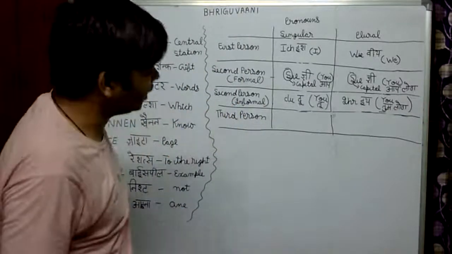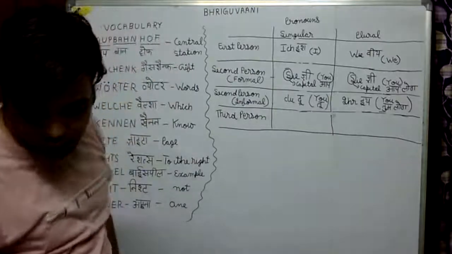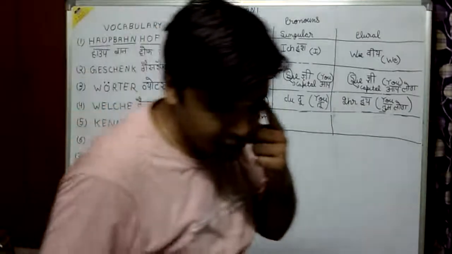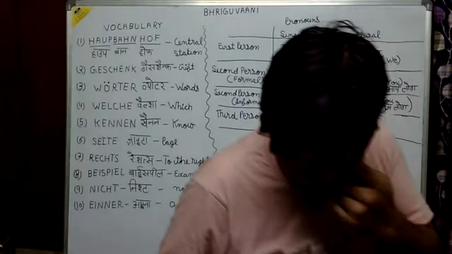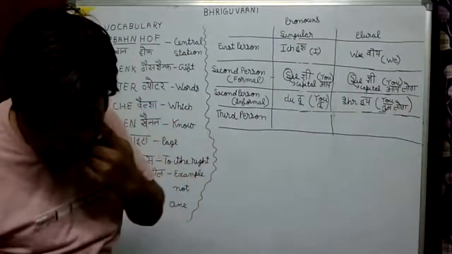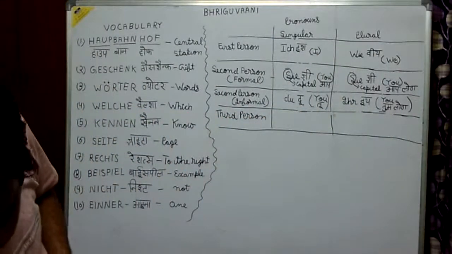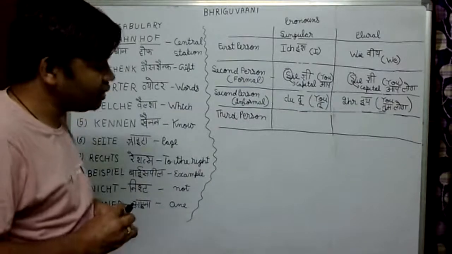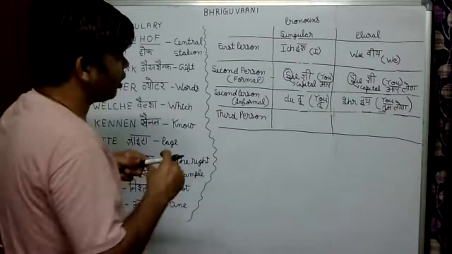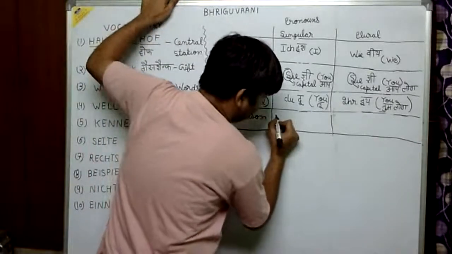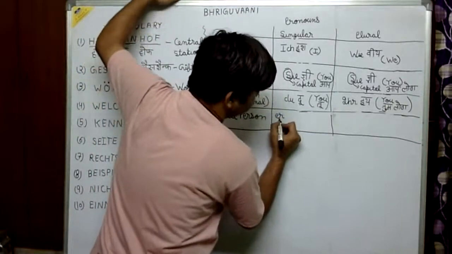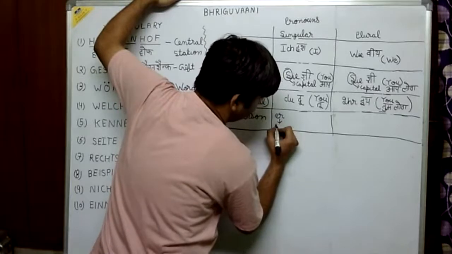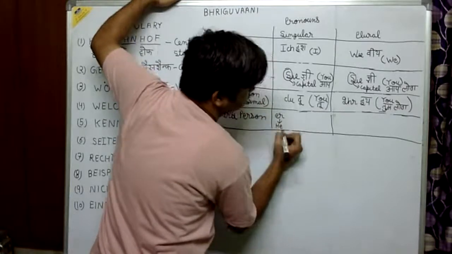Now look towards third person. In the case of third person, look here. We have three words: er, sie, and es. Look how we are writing. This er we use for he.